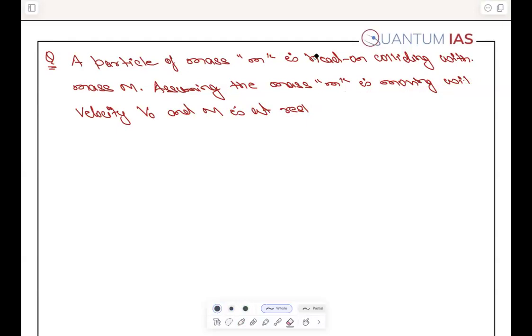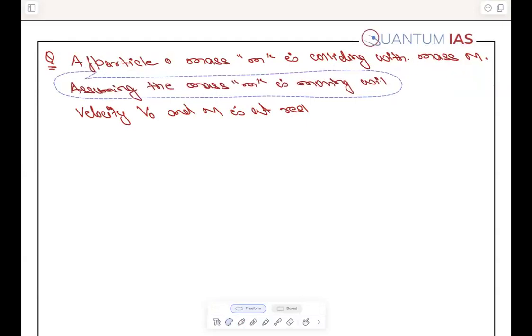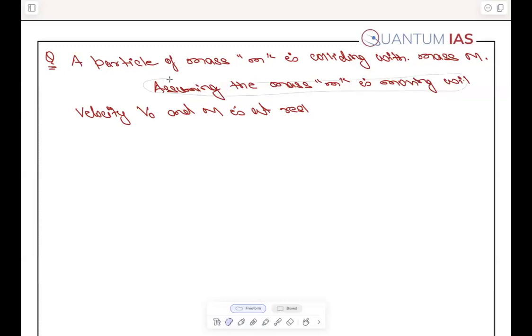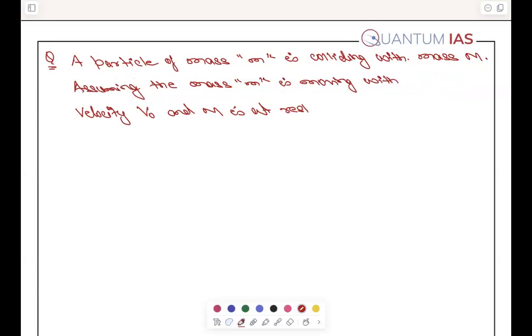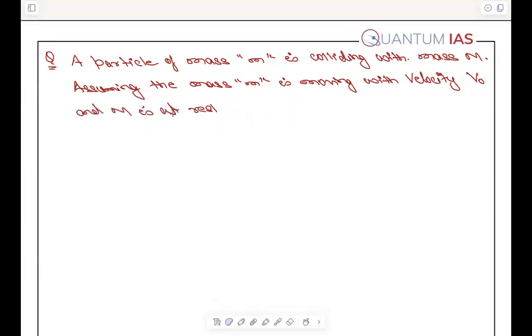So not head-on colliding, simply colliding. Assuming the mass m is moving with velocity v naught, and m is at rest. ठीक है.